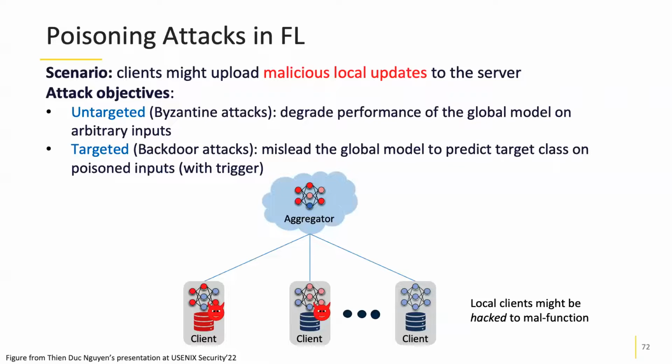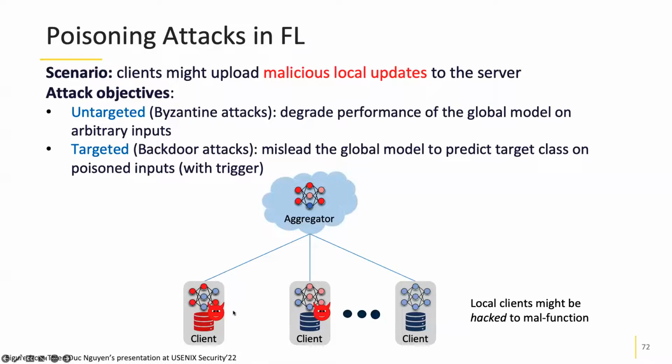Now we will introduce poisoning attacks in the federated learning scenario. The bottom figure here shows the high-level overview of how poisoning attacks can happen in the federated learning setting. Since there are multiple clients existing in the system, some of the clients might be hacked to perform maliciously.